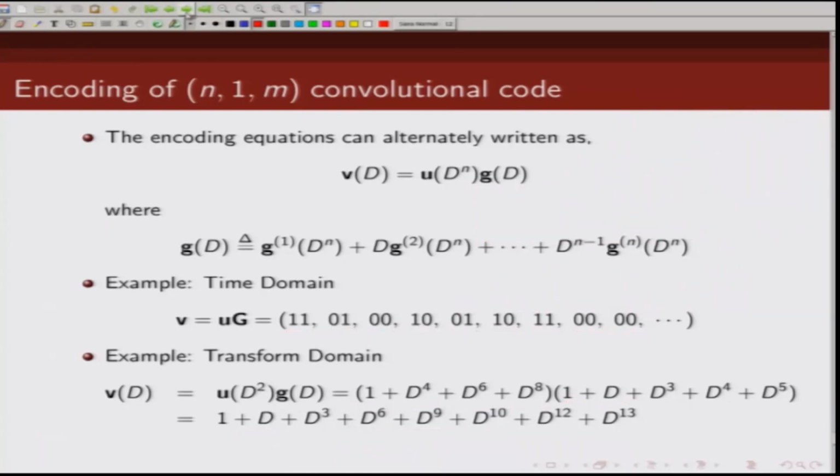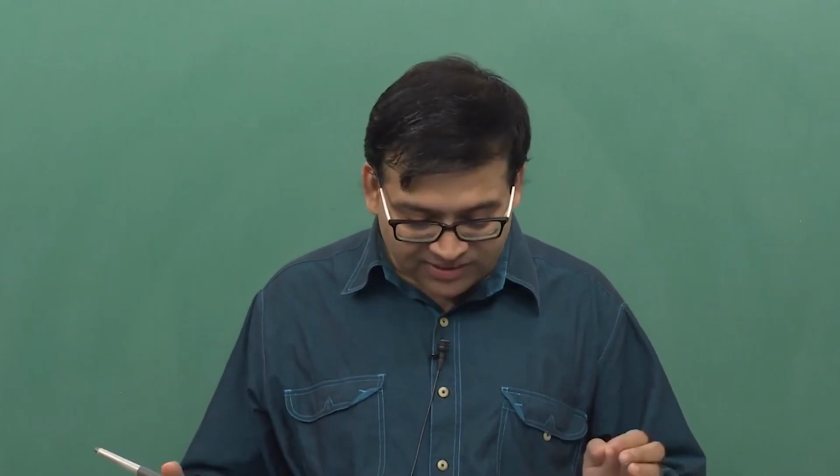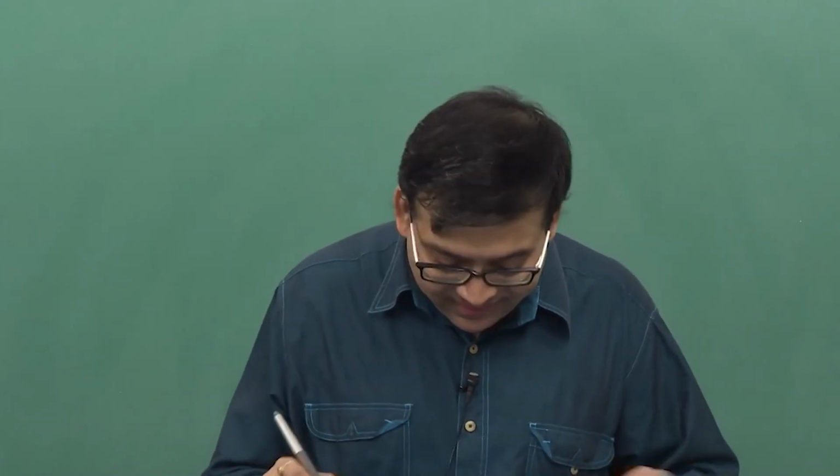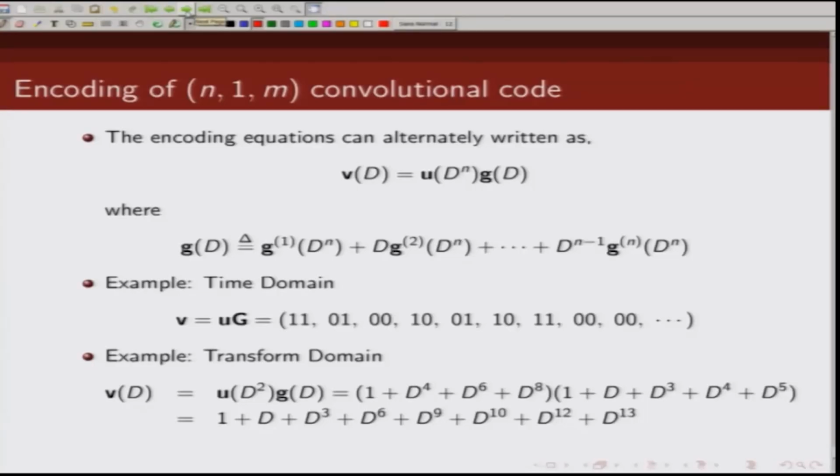So, with this I am going to conclude this lecture. I just want to make another point: the generator sequences that we saw, for example G1(D), which we wrote as 101, and G2(D), which is 111, are typically represented using octal notation.